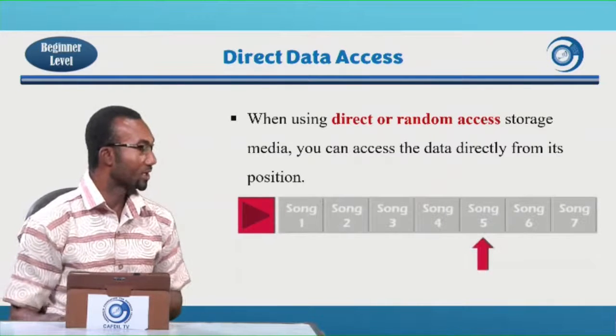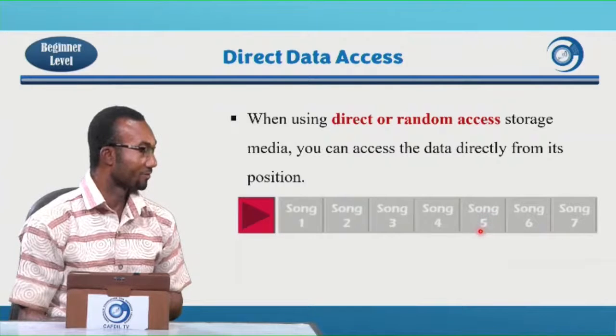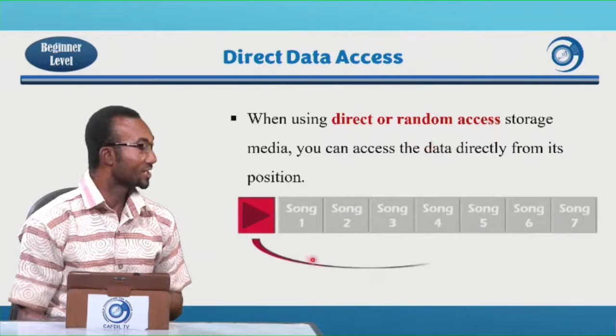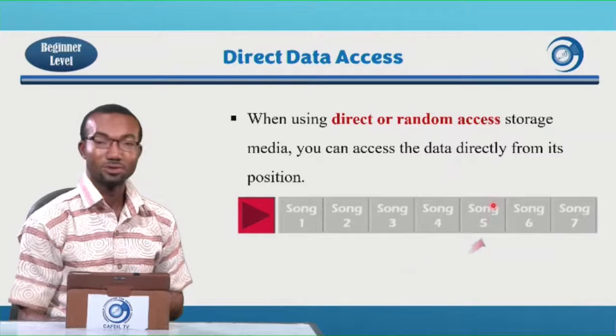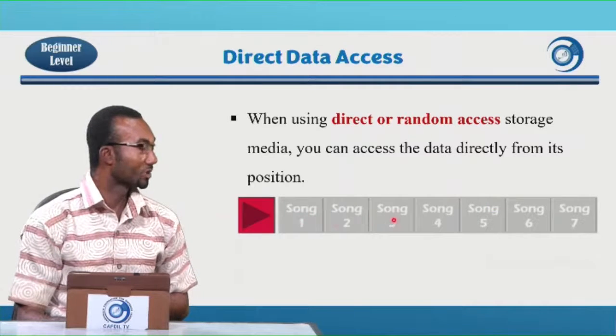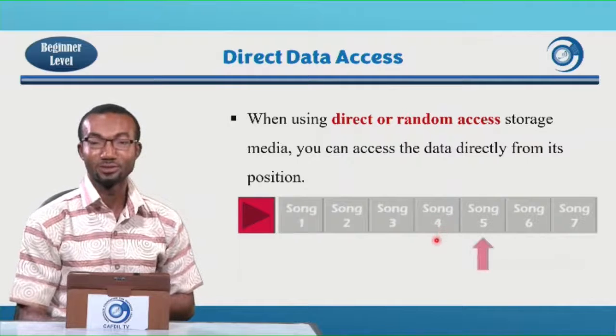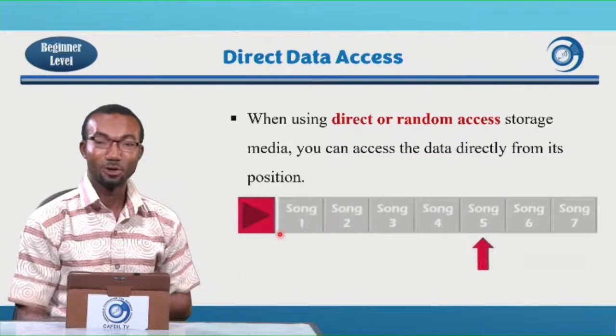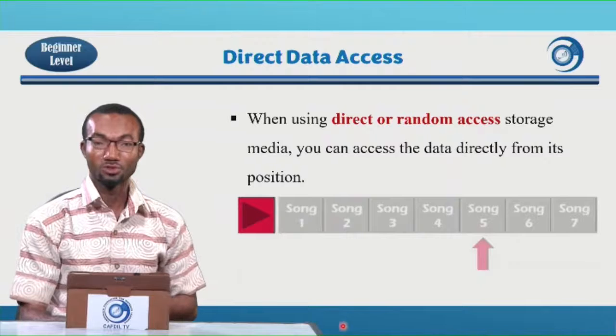We want to play song 5 on this media. With the direct or random access storage media, I can move straight to song 5 without passing through 1, 2, 3, 4 before getting to 5. I can just jump straight to song 5.